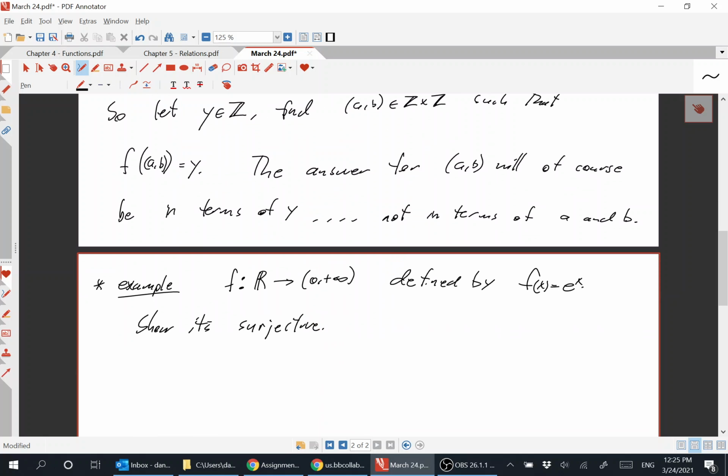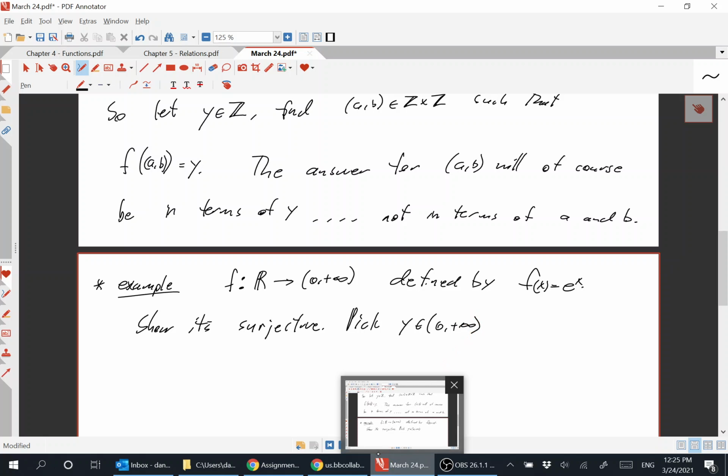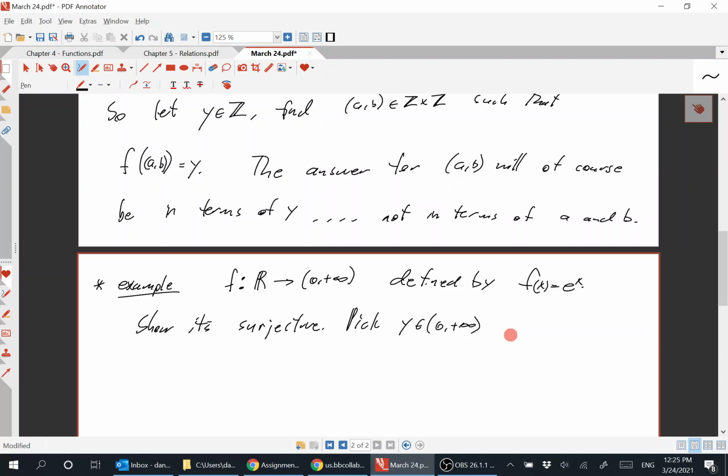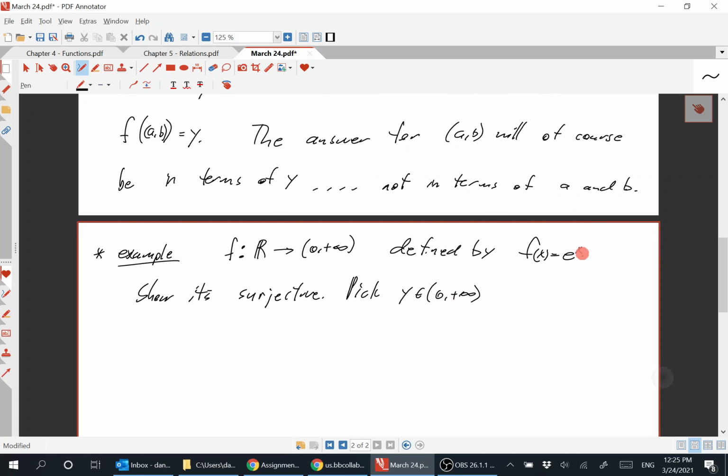So you pick y in the range. Pick y to be a positive real number, so something in the interval from 0 to plus infinity. Which x goes to y? Which value of x gives you e to the x equals y?